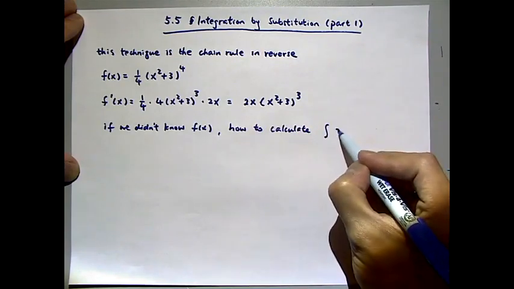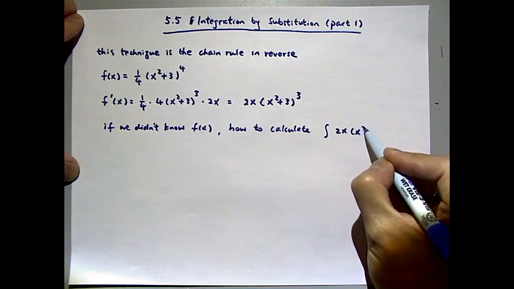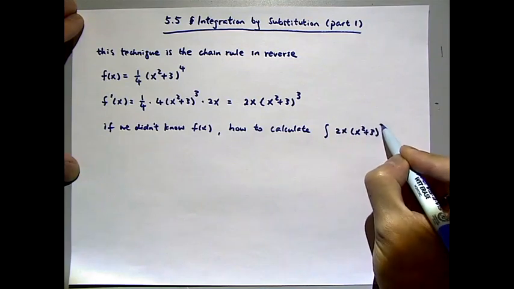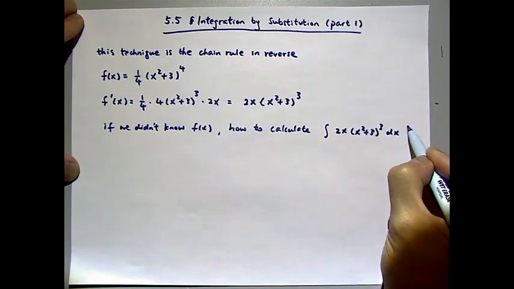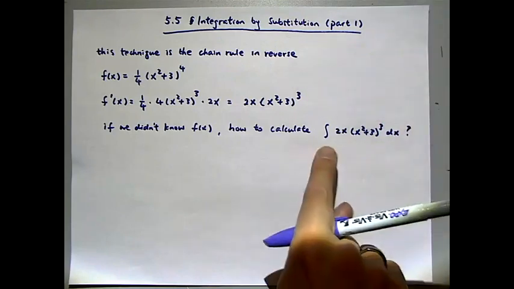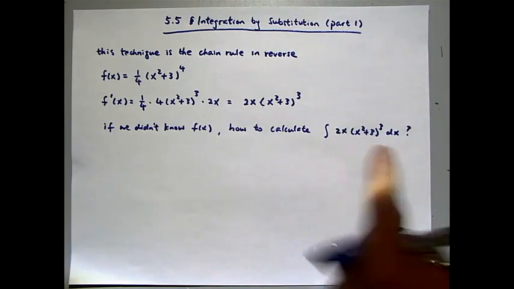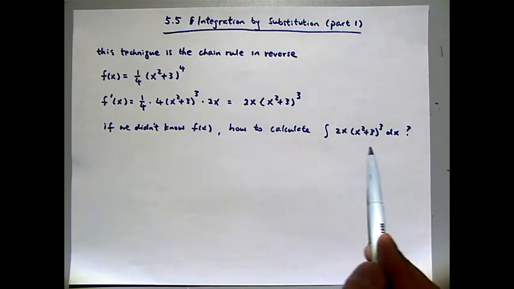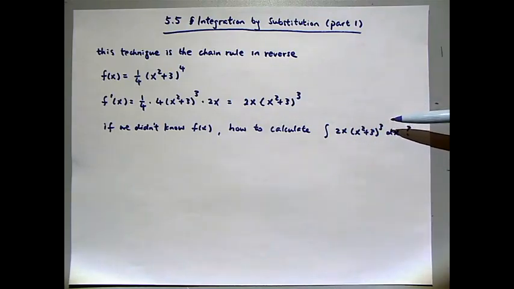How would we integrate that thing? Okay, knowing where it came from, this seems pretty obvious, but you can see if you're given just this thing right here, it's quite complicated. We could multiply this out 3 times, but that's a lot of work. There must be an easier way to do this.